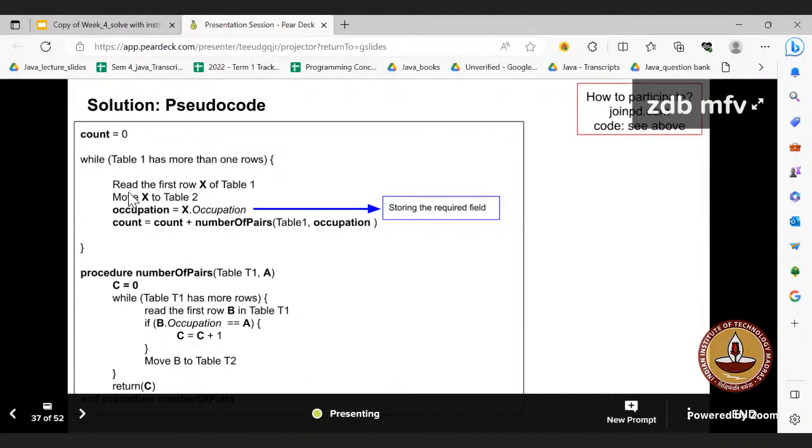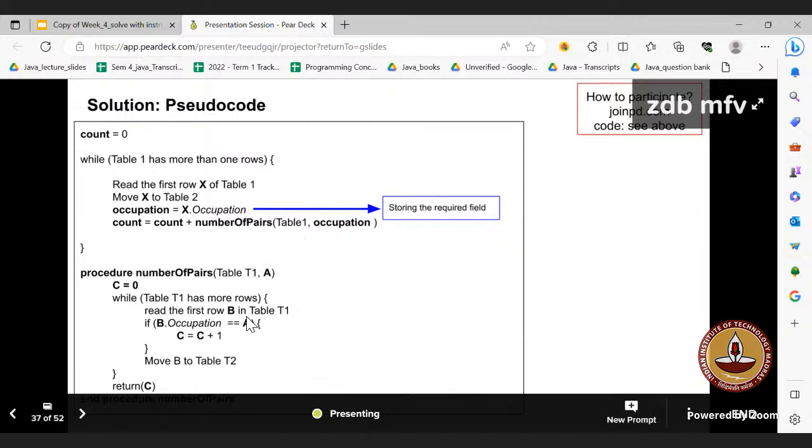After reading the first row of your table 1, you delete the first row from table 1, move it to table 2, and that remaining table, from the second row to the nth row, is table 1, which you will pass to table T1.